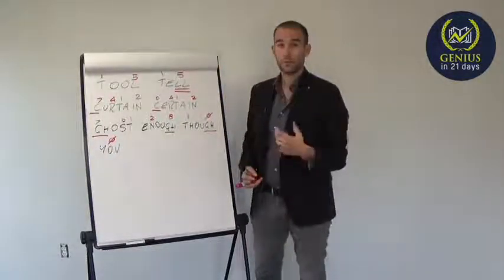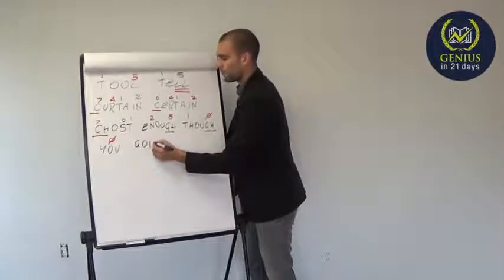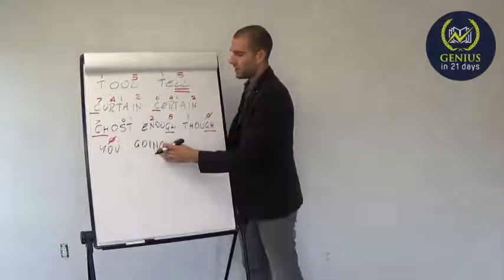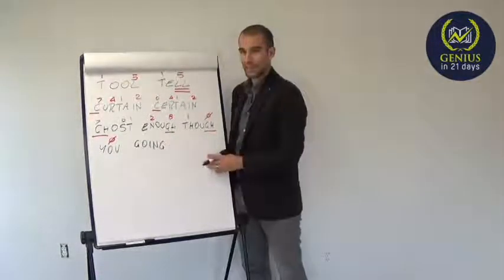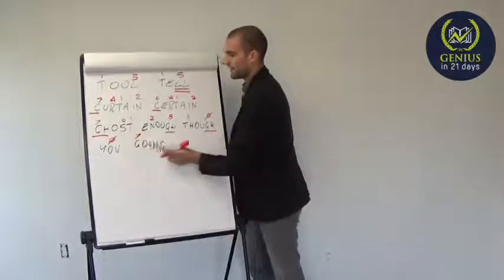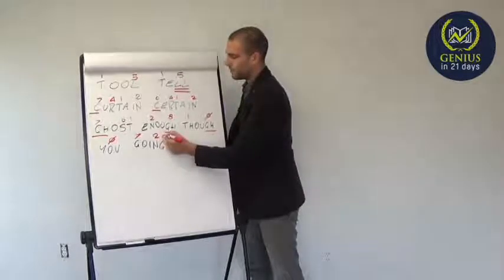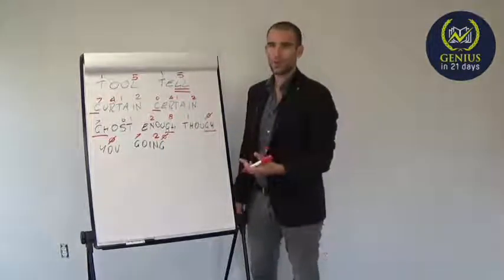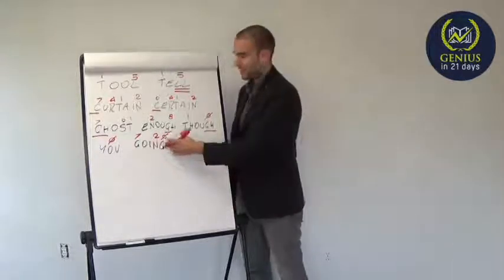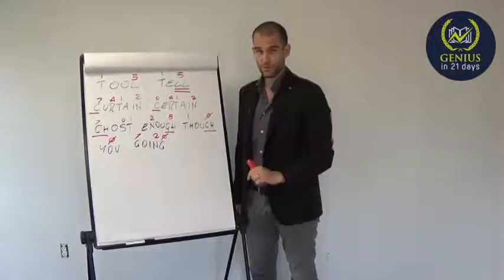If you don't pronounce part of the word, like let's say going, these sounds are G, N, because you don't pronounce this last G. So the translation is going to be G, K, G, number 7, N, number 2, and here you don't pronounce the last G. You don't say going, unless you're Italian. You just say going, so in that case you don't translate. What matters is the sound of the word.